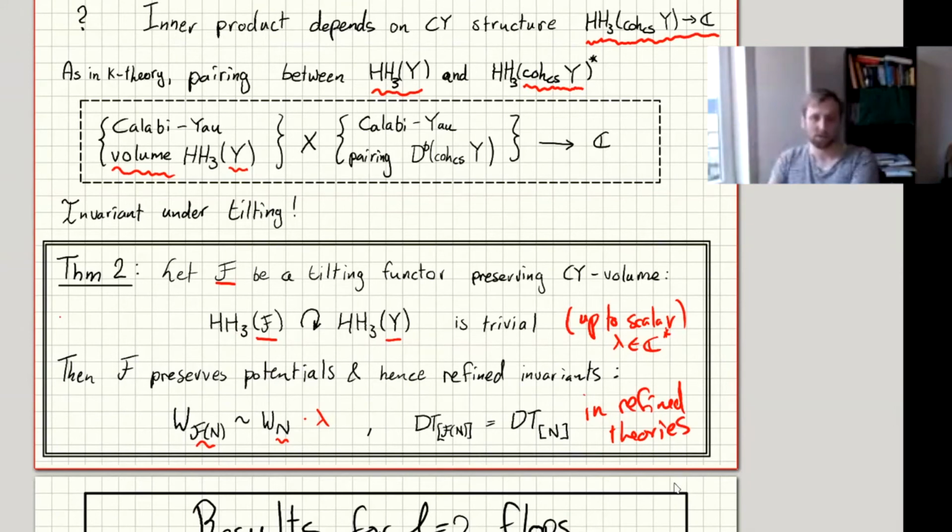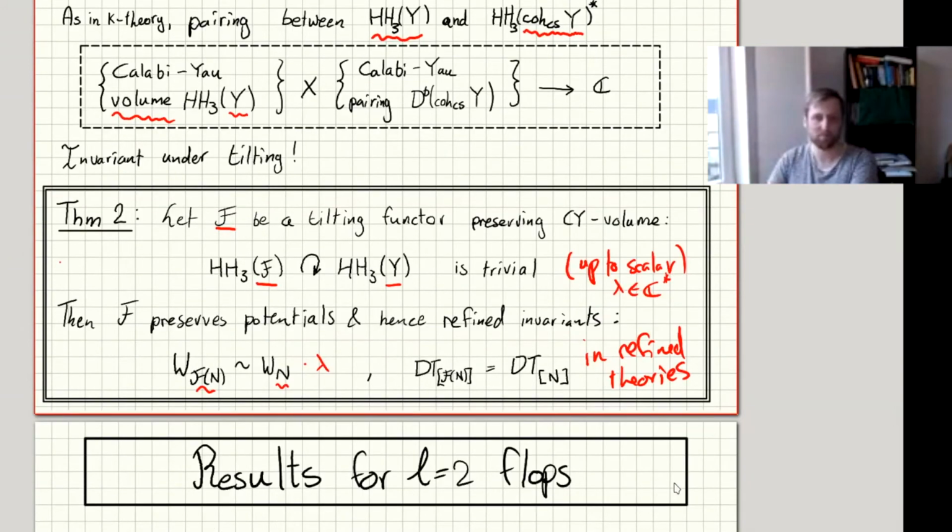Right, so that was a bit abstract maybe. So I'll talk about the implications it has in the first new case of flops. So like I said, the length 1 case was already studied before. And we already know that these are classified by the integer invariants.